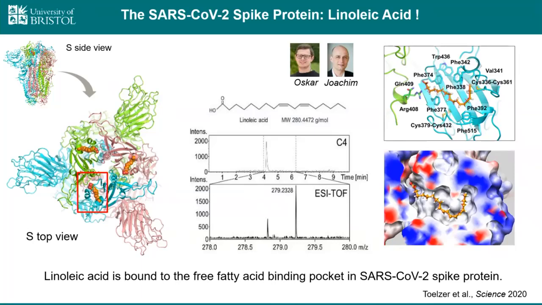It's not linoleic acid. That's an overlay with our structure. And just last week, I got an email from a friend who forwarded me this paper from bioRxiv, which has analyzed OC43 with LC-MS, and they found that it is sapienic acid.